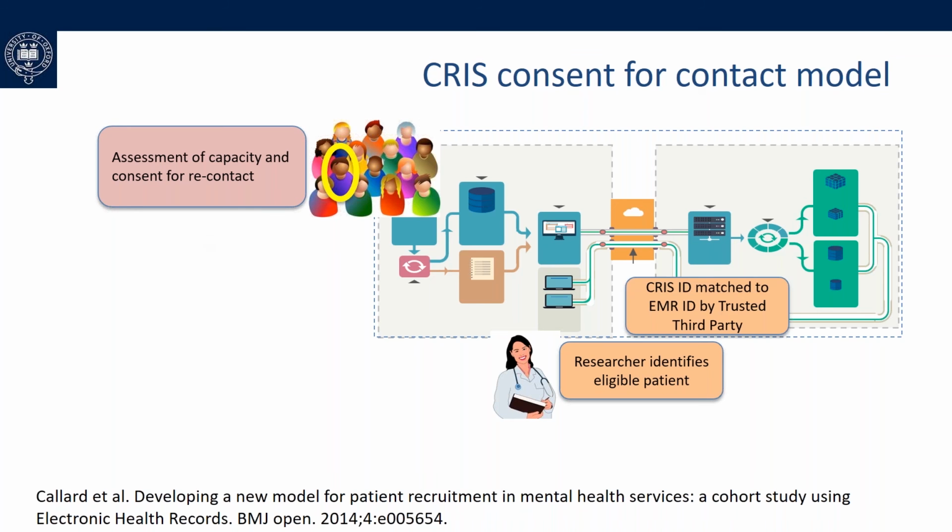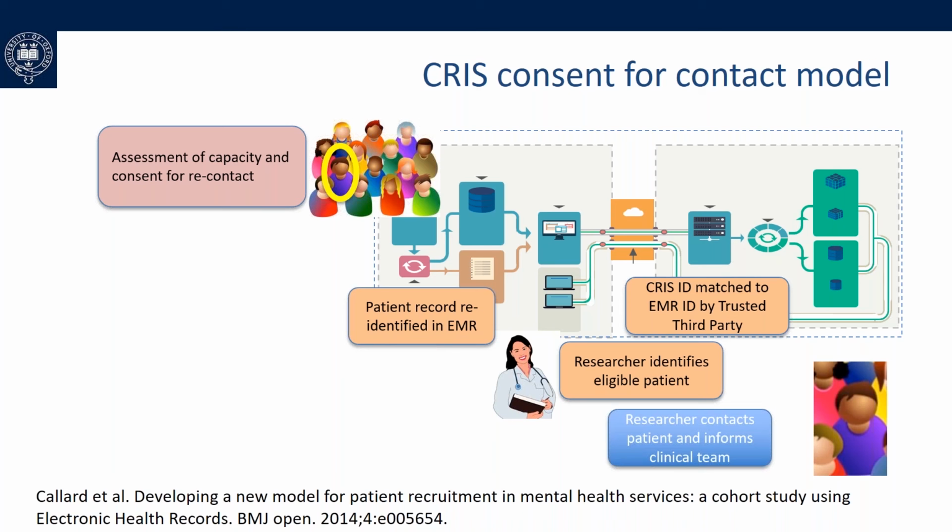Next slide. There's then a process of matching IDs in a trusted third-party system. Next slide. If the patient has given their consent, then they are re-identified in the electronic medical record. Next slide. And the doctor or the researcher then goes to the patient that you want directly.